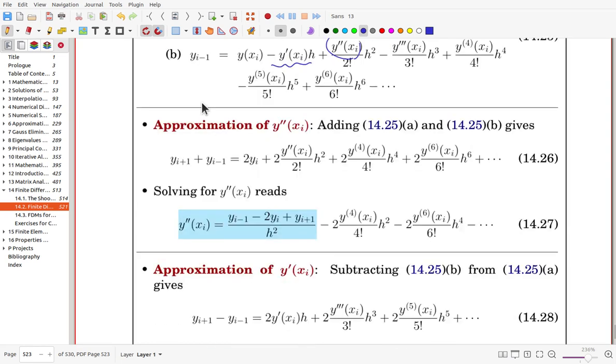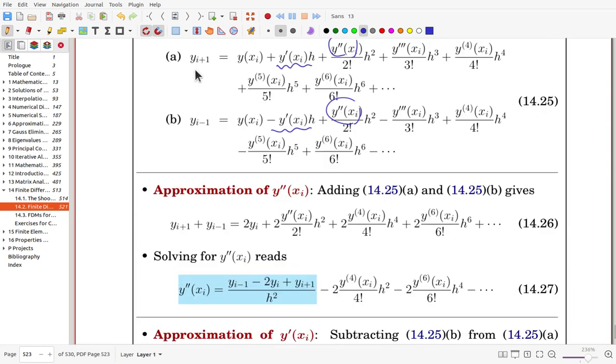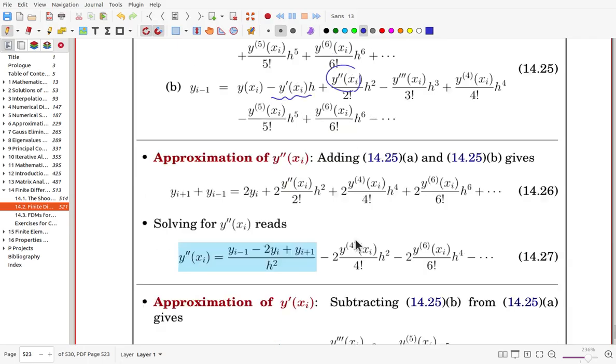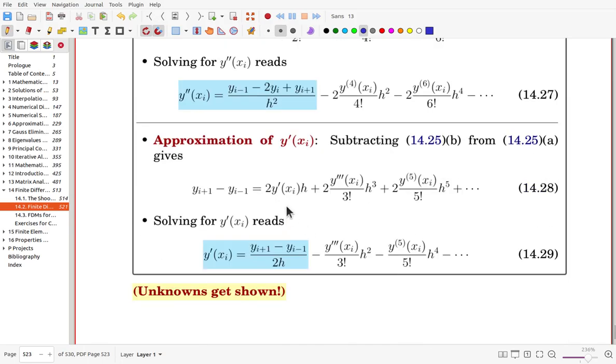Then the left hand side will be y i plus 1 minus y i minus 1, and this will disappear, and twice of this one, like that. Exactly, we have this equation. Now we solve the equation for y prime. Move everything to the other side except this term and divide by 2h.